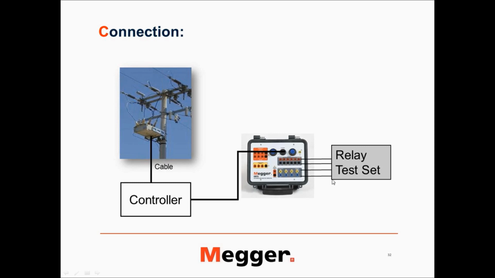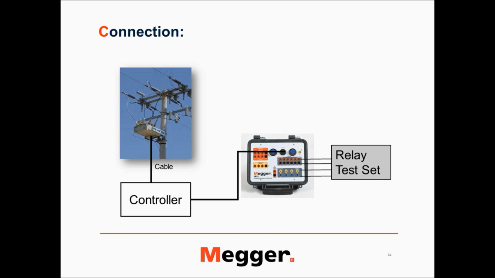So this way, in case of Megger, you already have a test module for your 351R, your 651Rs, your Cooper reclosers, and many other reclosers as well. So you have the test modules.